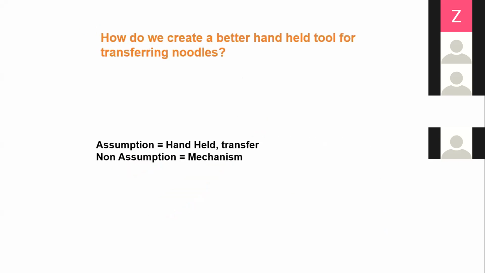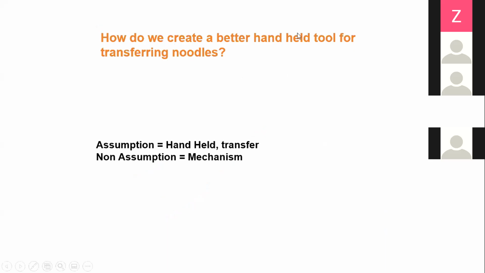On the other hand, if I say, how do we create a better handheld tool for transferring noodles? So now we have a lot more scope here, because I'm assuming that it is handheld, okay, because of course some human will be using it. It's not a machine, not a robotic thing.